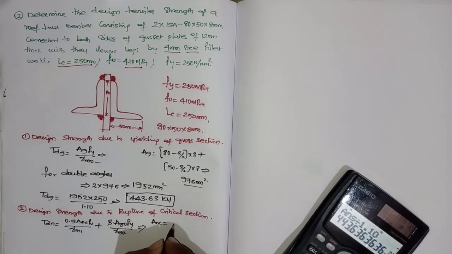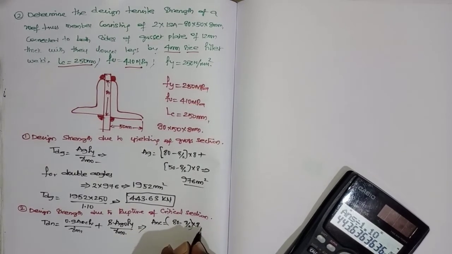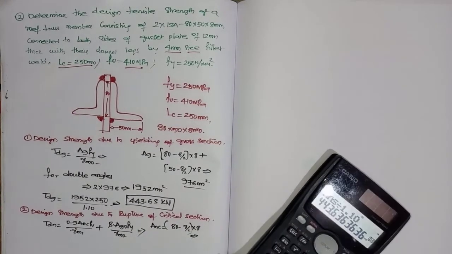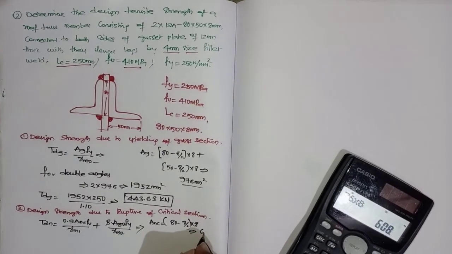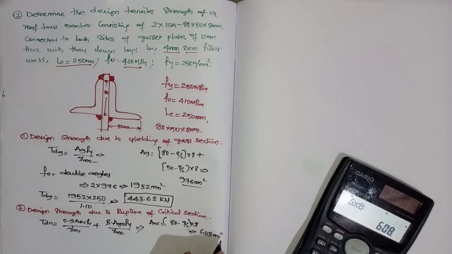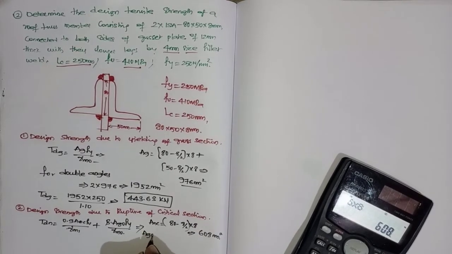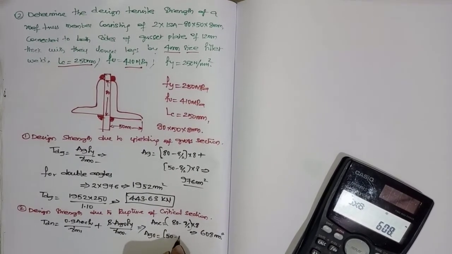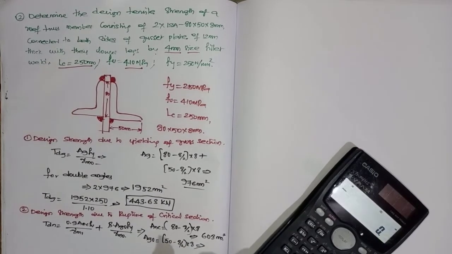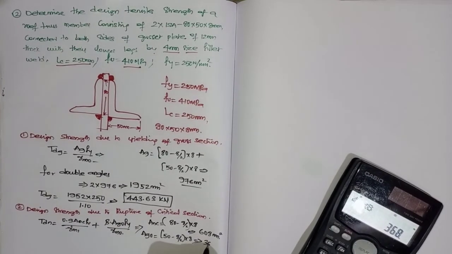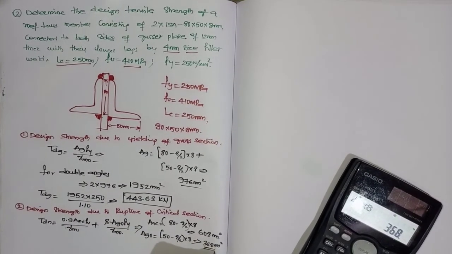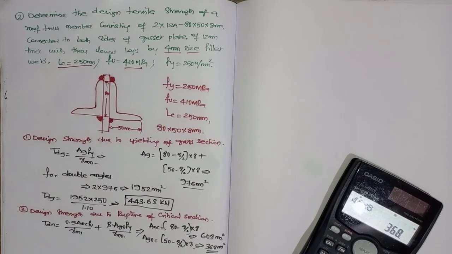Connected leg length. So (80 minus 8 by 2) into 8, you will be getting around 76 into 8, 608 mm square. Next, Ago, outstanding leg: (50 minus 8 by 2) into 8. So 46 into 8, 368 mm square. Now beta you have to calculate, right?